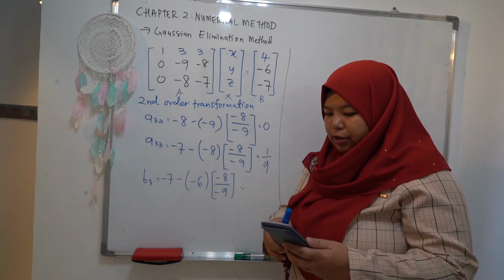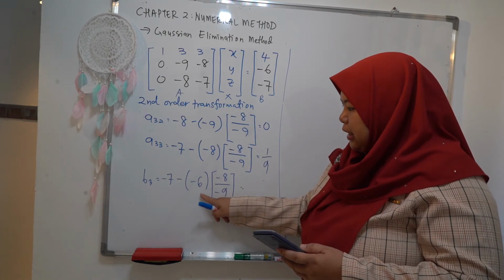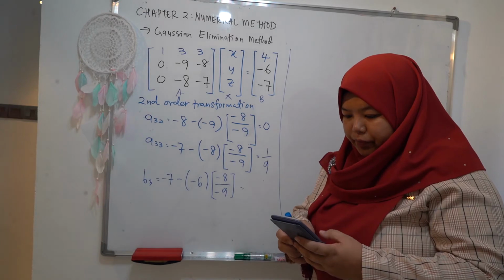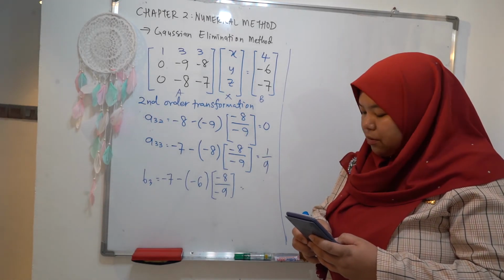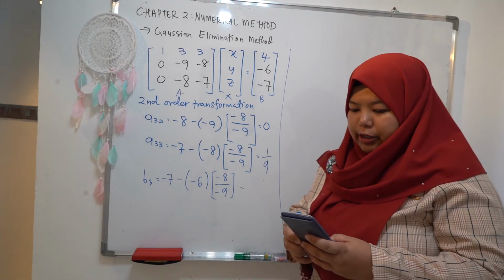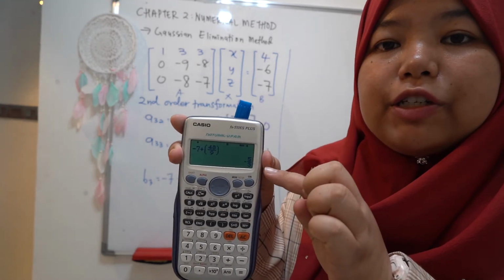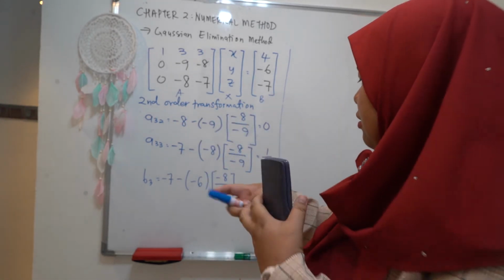Using the calculator, negative 7 minus negative 6 times negative 8 over negative 9. I got here negative 5 over 3. Did you see this?